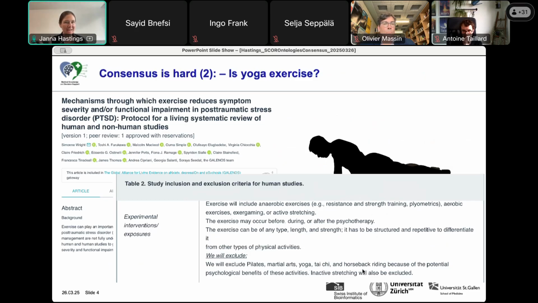This is quite a strange exclusion criteria list. In particular, what caused a challenge here is the idea of excluding yoga and Tai Chi, but these are very similar, for anybody who's not an exercise specialist, to active stretching and this kind of thing. So how do you really tease them apart?